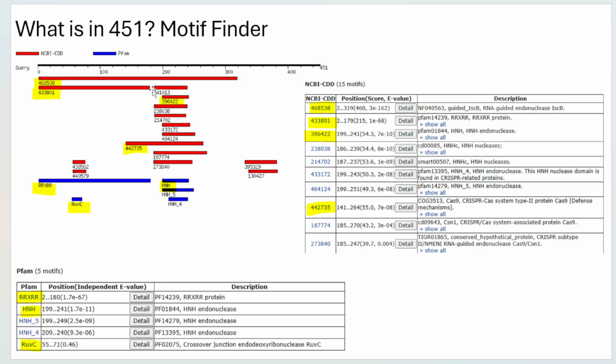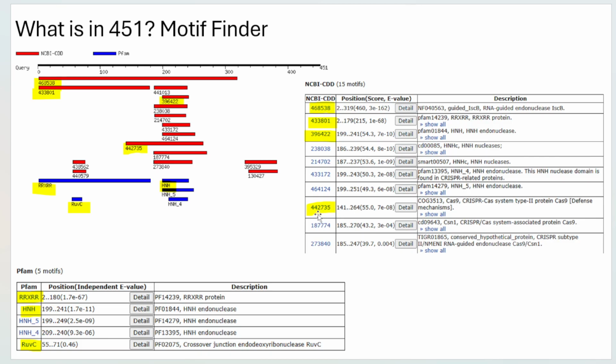Great, which means there's one end of the molecular scissors. There's an HNH at 396422. There it is right there. So we can see that under this IscB domain, there is likely to also be an RuvC and an HNH.